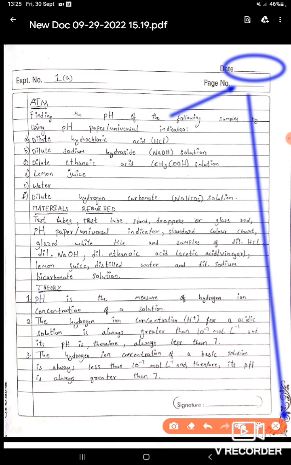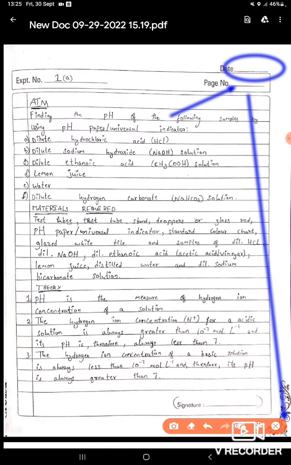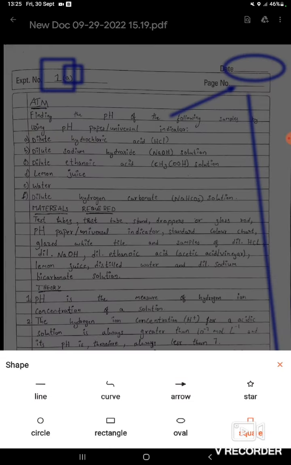That is the page number. And you should maintain experiment 1 only here. It should be experiment 1 only. No need to mention this A again.